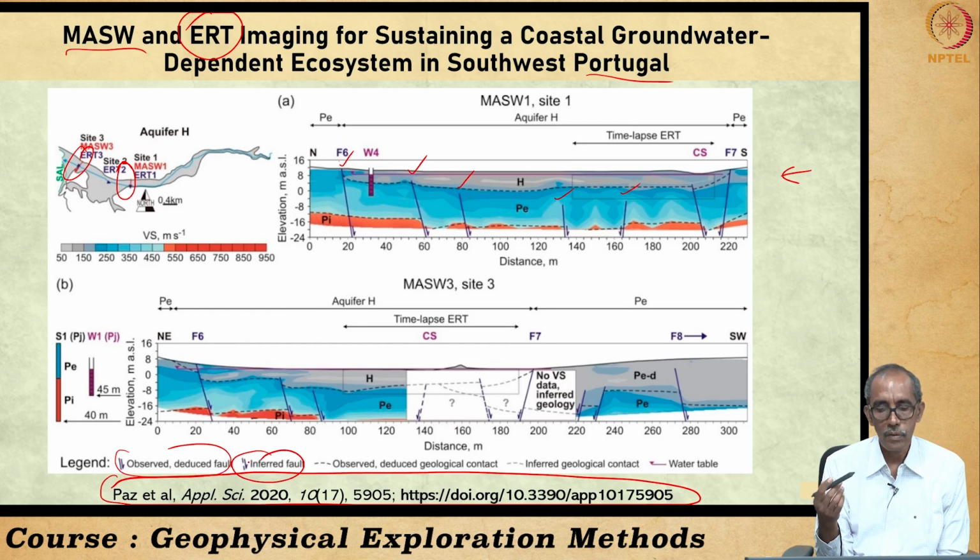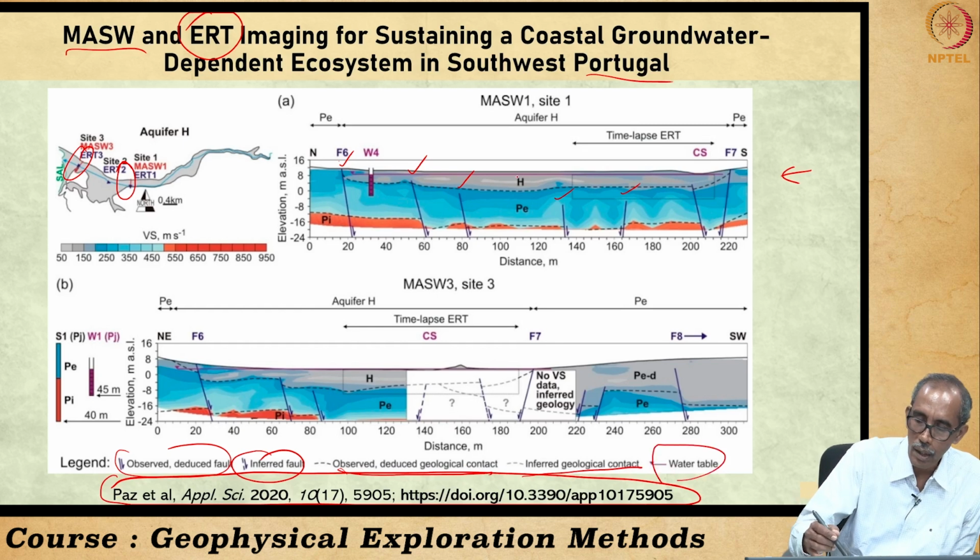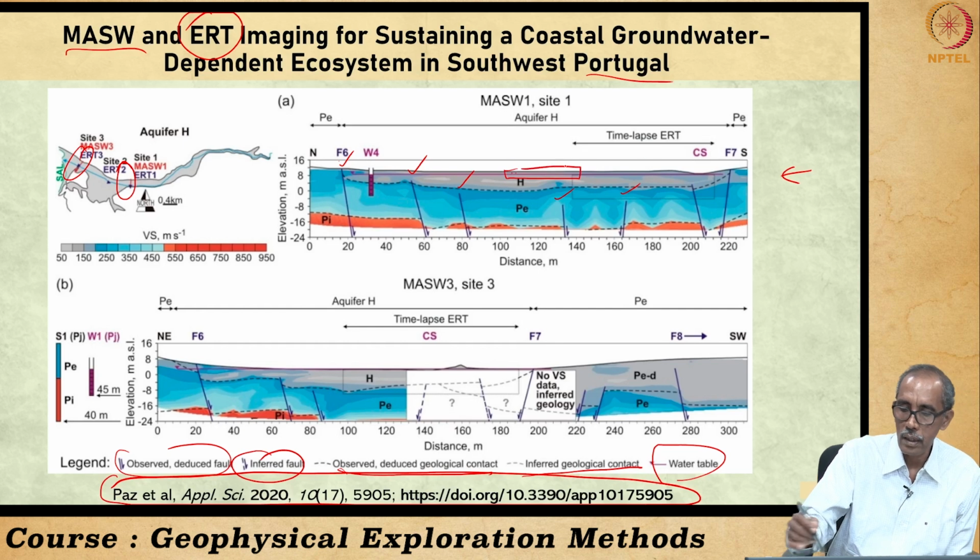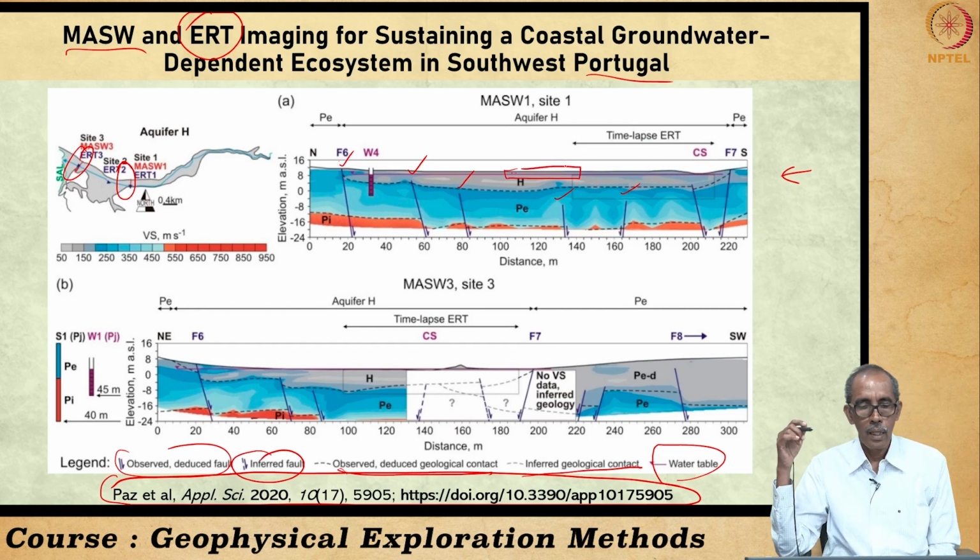That means from MASWA we were able to infer a fault, right? Observed, deduced, contact, inferred geological contact, and this is water table. So, water table is also, this is the top line, this line is the water table which is continuous throughout.